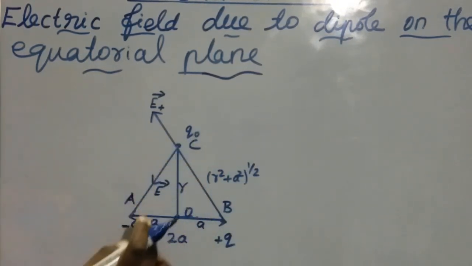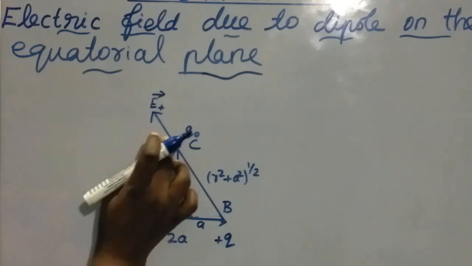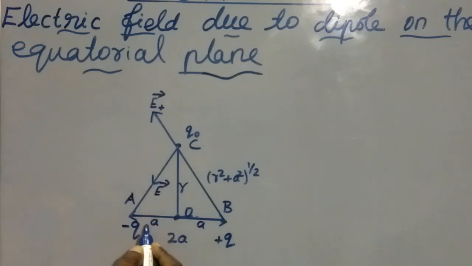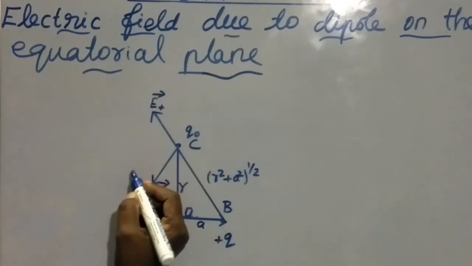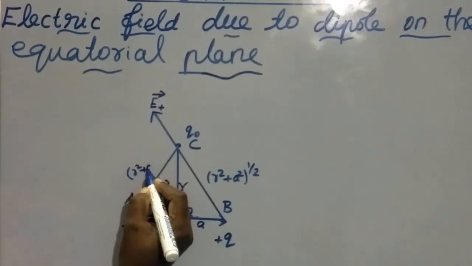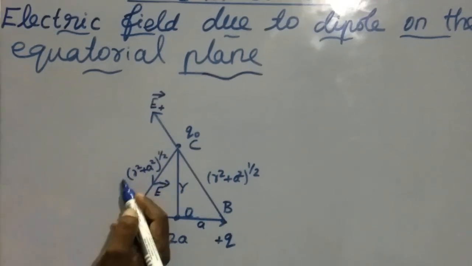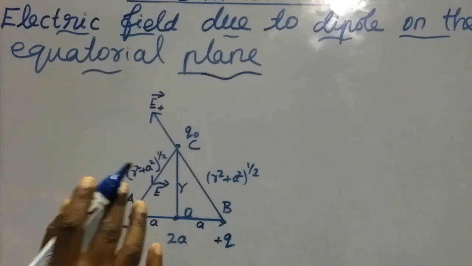Here also, the same: the side CA will be (r square plus a square) the whole power 1 by 2. This is from the Pythagoras theorem.